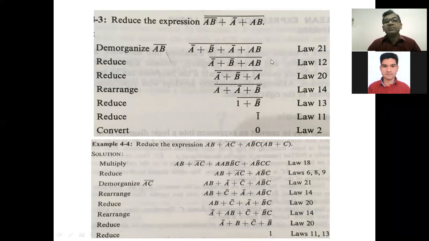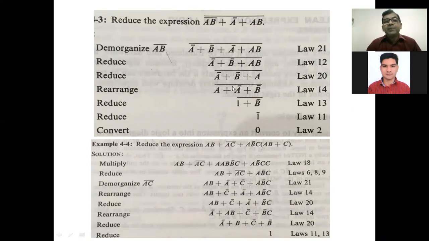Then further, by using law number 12, that is A plus A is equal to A, this becomes A bar plus B bar plus AB. Then this is further reduced to A bar plus B bar plus A, using law number 20, this AB becomes A.